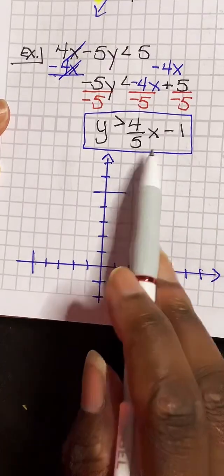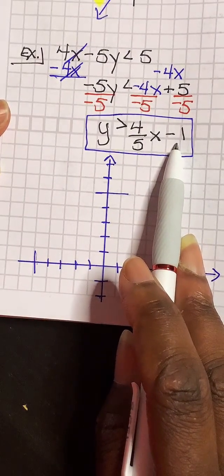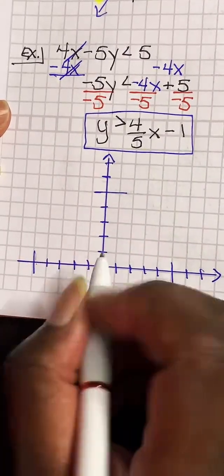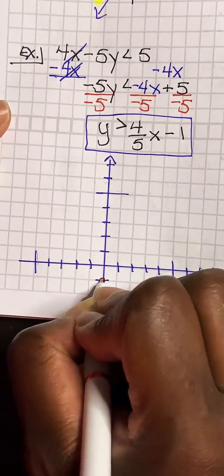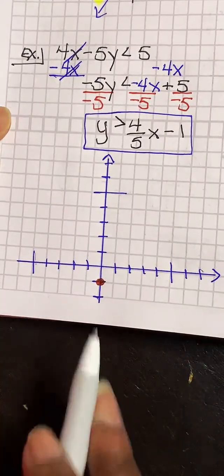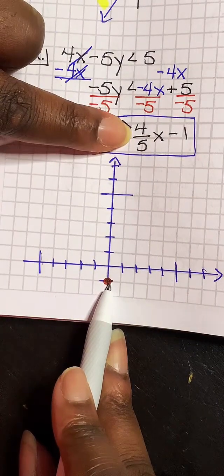So my y-intercept is going to be that -1. That's where we start on the y-axis. So from this point, here's the direction.